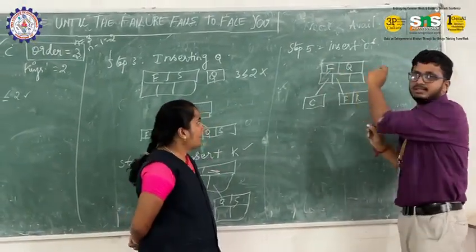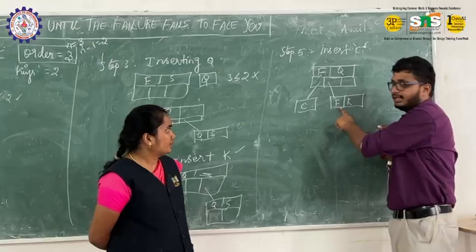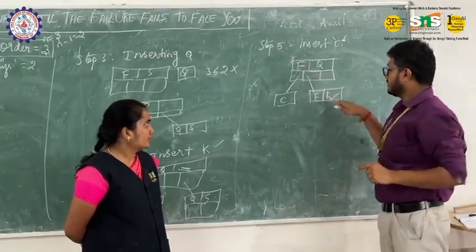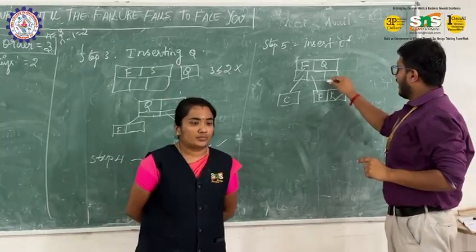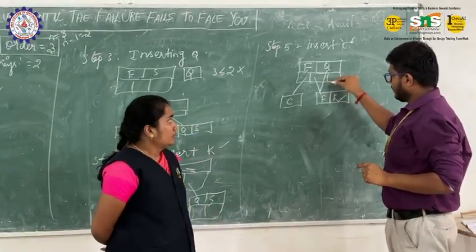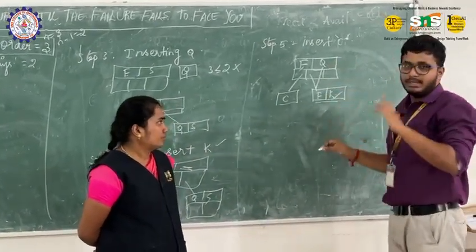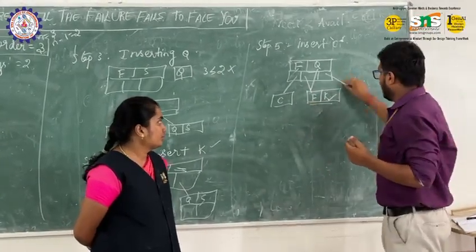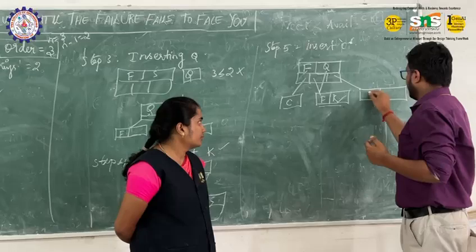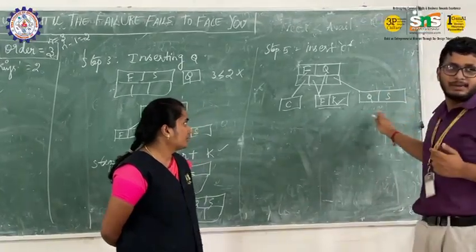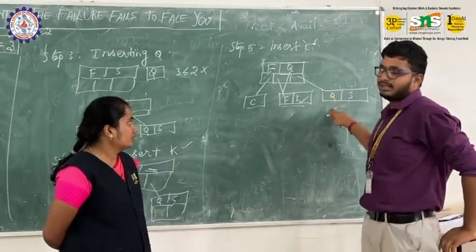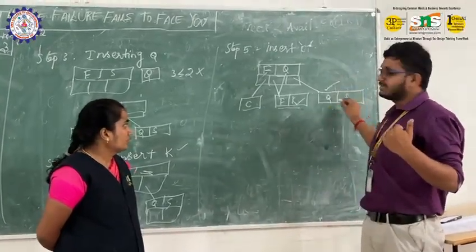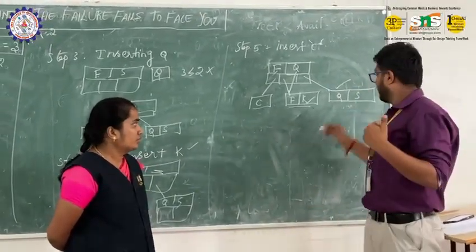Here F is considered as the root node and it is reflected, and K is inserted on the right side. These elements are less than Q, so they are in the left pointer of Q. In the right pointer of Q, the element Q is placed and S is also placed. Since Q is a parent node, it should be reflected in the right pointer, and S is greater than Q.